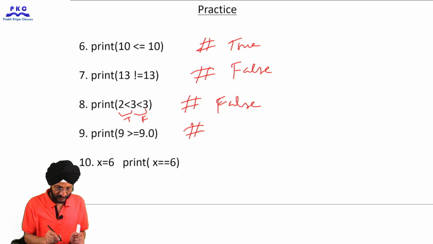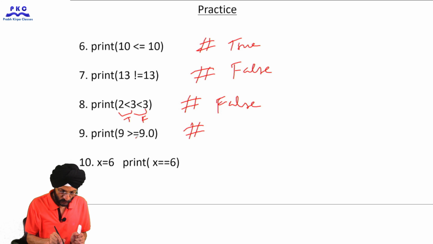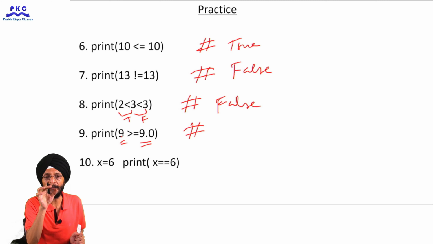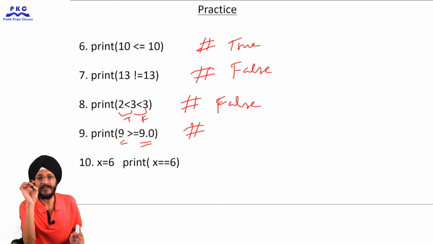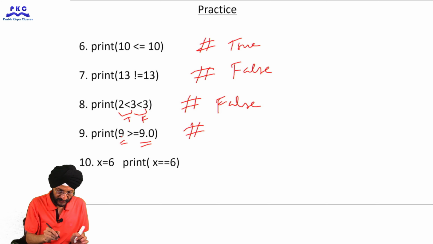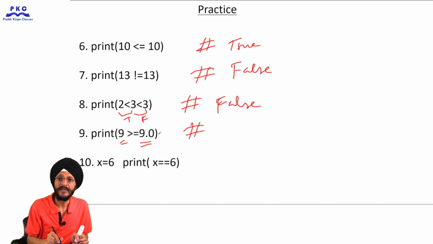Next, 9 is greater than or equal to 9.0. Here the first 9 is an integer, a whole number, with nothing decimal. But the second, 9.0, is a floating number.